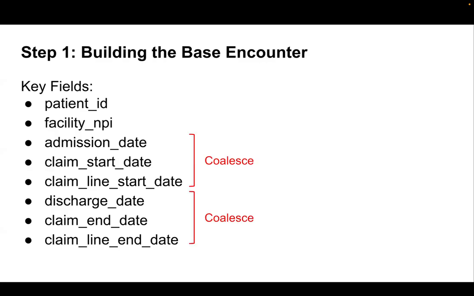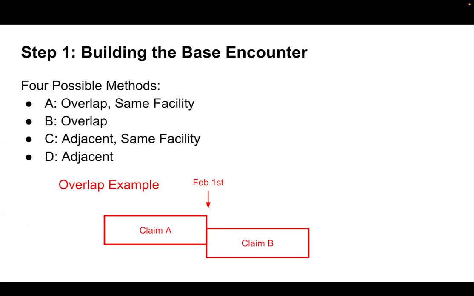And so one of the first things we're going to do is coalesce these different date fields together so that we can create the start date for the institutional claim that we're going to use to merge and the end date for the institutional claim that we're going to use to merge.